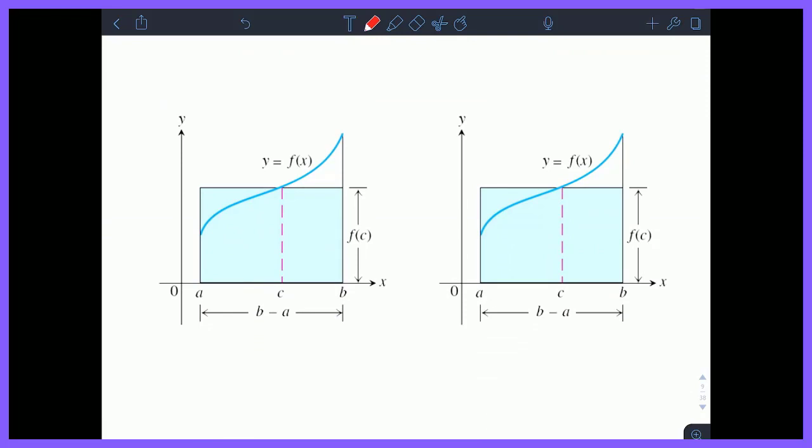So the average value of this function is basically going to be some y value, okay? Such that if you were to draw a rectangle right here at this y value, whatever this magic number is, you find the area of this rectangle by simply doing base times height, where the base is b minus a and the height is f of c, and you multiply them together.